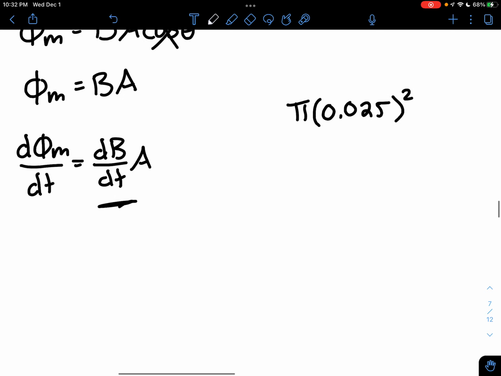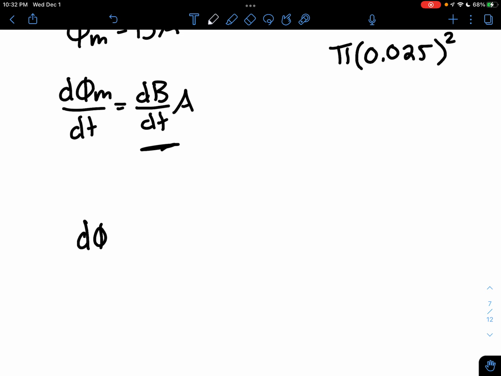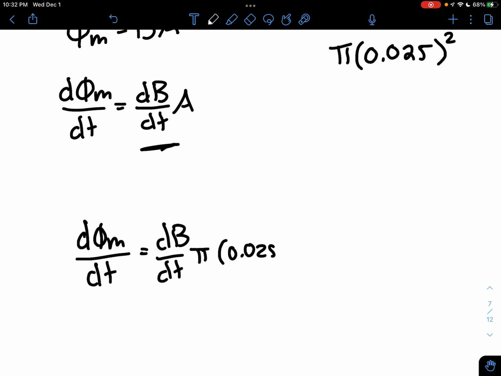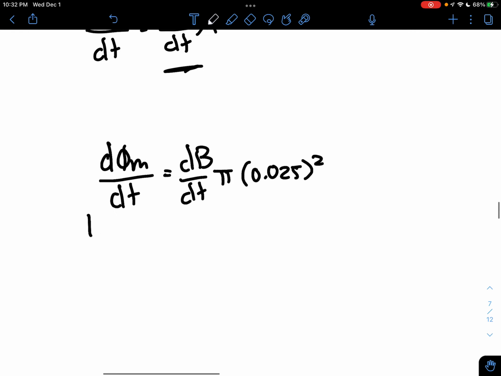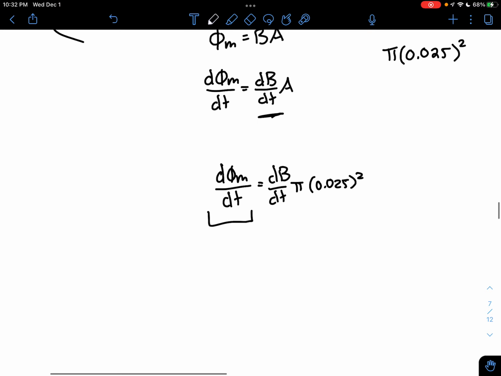So we're going to do our d phi dt is going to equal dB dt times pi times 0.025 squared. Cool. Now we have our d phi dt. Still don't know how to pronounce that one either. That's fine.